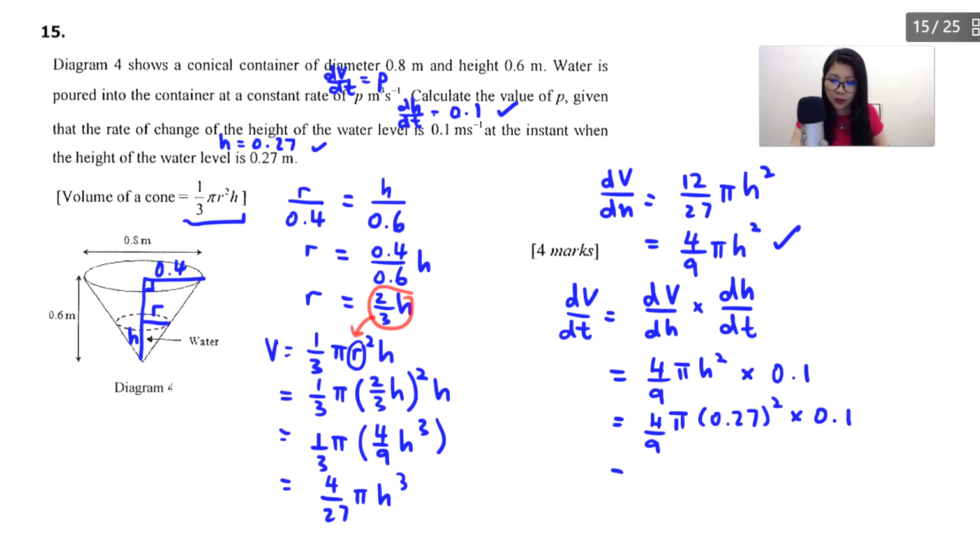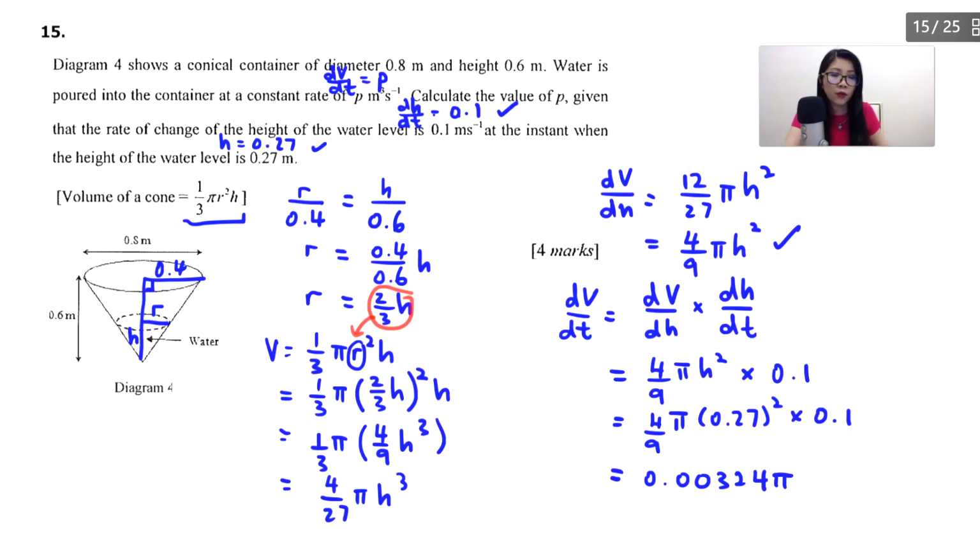So what do you get? We use the calculator: 0.27 square, times 4 over 9, times 0.1. We get 0.00324 pi.